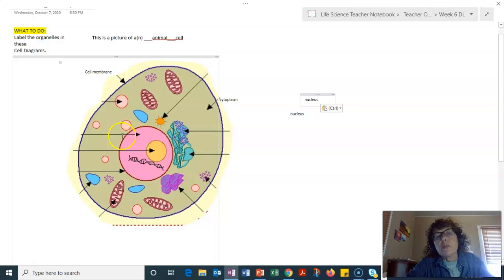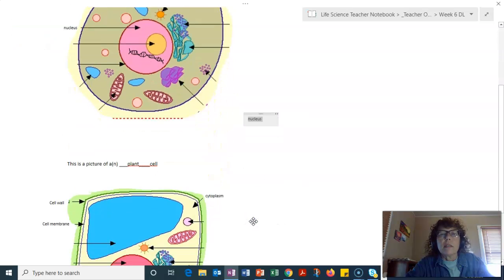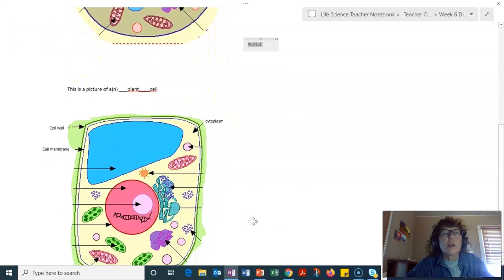So it's the arrow that's pointing to the inside of the pink. So I'm going to drag my nucleus label right over there. And then I'm going to drag the other one down for my plant cell. It's also pointing to this darker pink circle inside the middle of the cell.